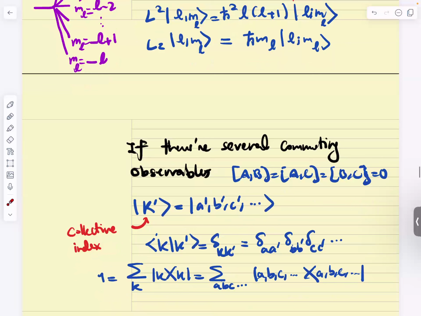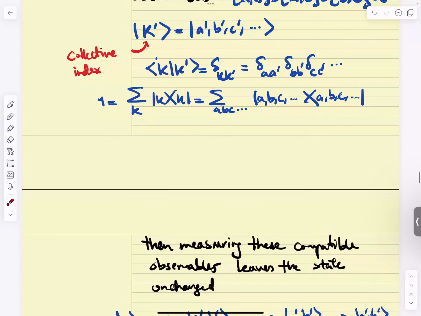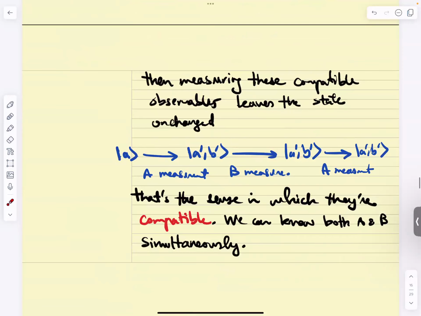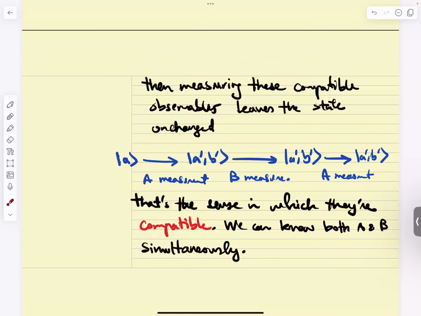Okay, good. And of course, you have the resolution of identity as a sum over all these things. So the orthogonality relations will go through as expected, and things are fine. I think I explained this earlier. All right, so let me pause here. Is the idea of commuting observables clear?